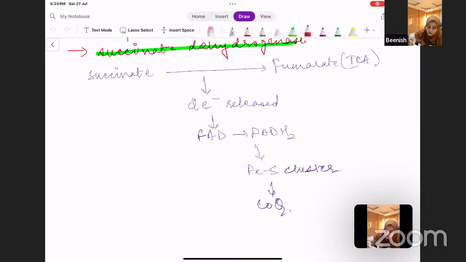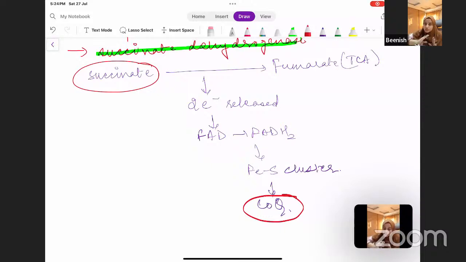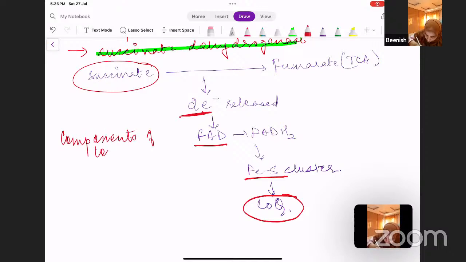So what is happening in complex 2? Complex 2 is receiving electrons from succinate, and ultimately they are being given to coenzyme Q. The 2 electrons that are released are taken up by FAD, a component of complex 2, then go to the iron sulfur cluster, again a component of complex 2, and then ultimately to coenzyme Q. Talking about the components of complex 2, FAD is already mentioned, so complex 2 is also a flavoprotein, and then there are iron sulfur clusters.